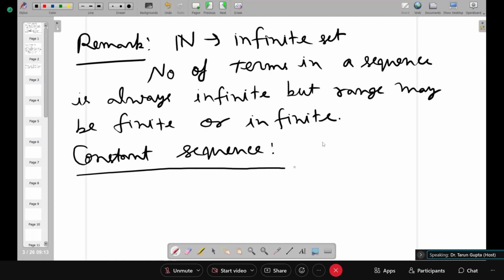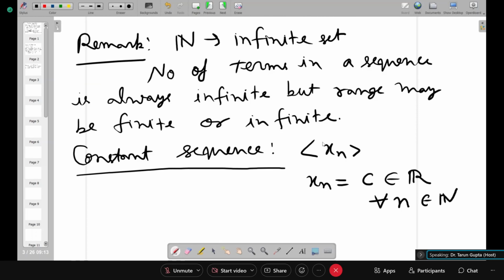Constant sequence means every term of a sequence is a constant. Then we call that sequence a constant sequence. Example, xn is a sequence such that xn equal to c, where c belonging to R, for every n belonging to natural number.